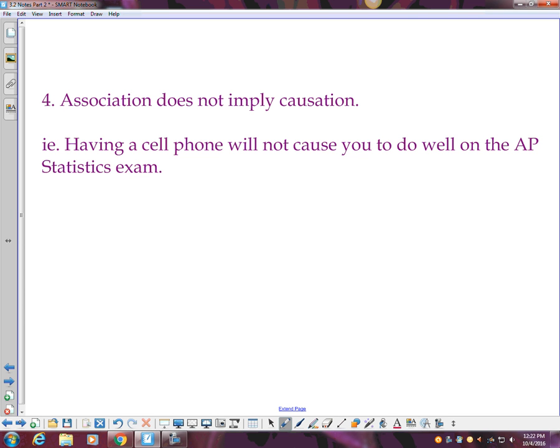Having a cell phone will not cause you to do well on the AP statistics exam, but there is a relationship between having a cell phone and students who do well on the AP statistics exam. So watch out for words like cause in a multiple choice question or in a follow-up question to a free response question.